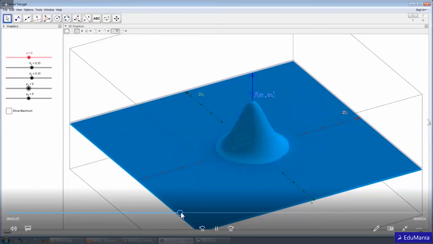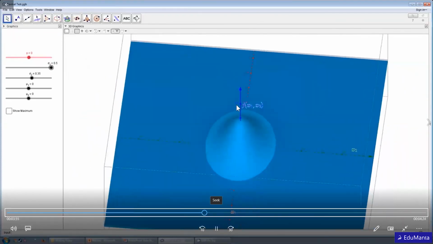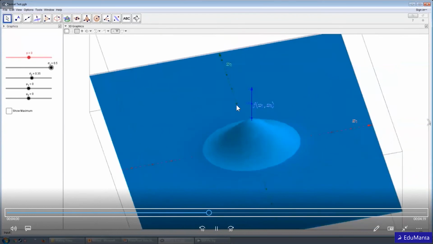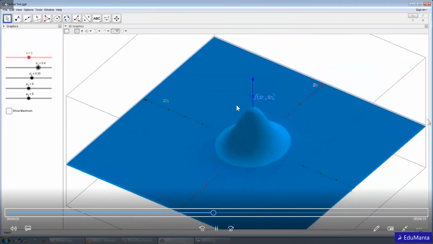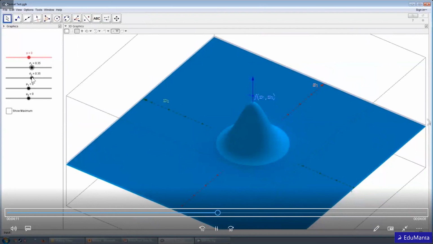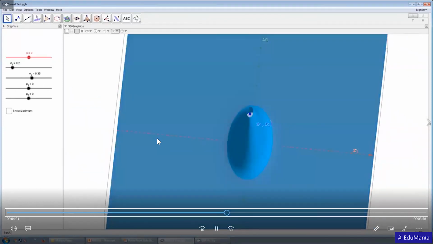And then finally, when we move the standard deviation of x1, it is going to be flatter, expanding along the x1 line. And when we change the standard deviation of x2, it will expand along x2.